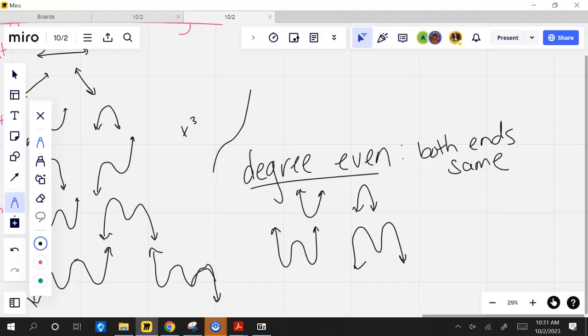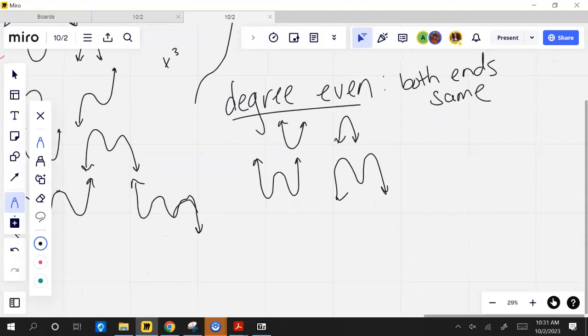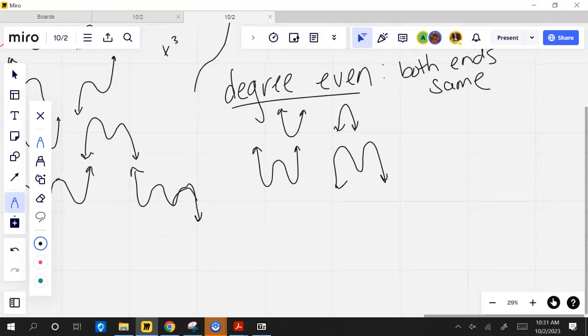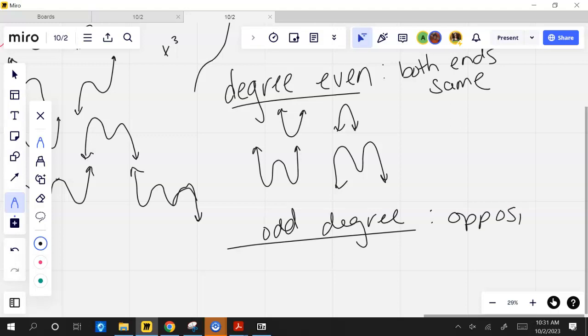And so on and so forth. And if I kept going, I would notice the same thing, that both ends go in the same direction, no matter which way, if it's going up or down. If that degree is even, they're going the same way. And then on the other end of that is an odd degree, which goes in opposite directions.